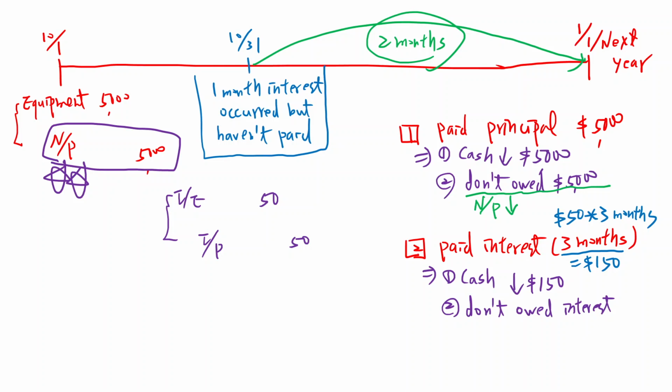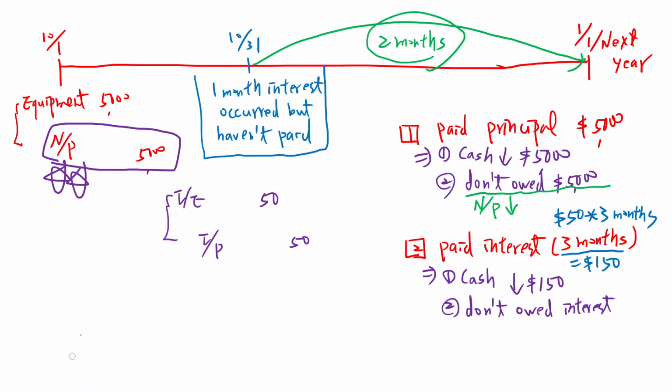Don't owe them interest. But look at the information here. Before, which record told you you owe them interest? Here, right? Interest payable $50. So on your records, you just recorded 1 month interest only.